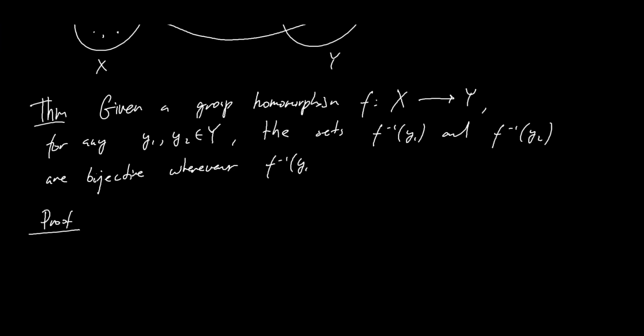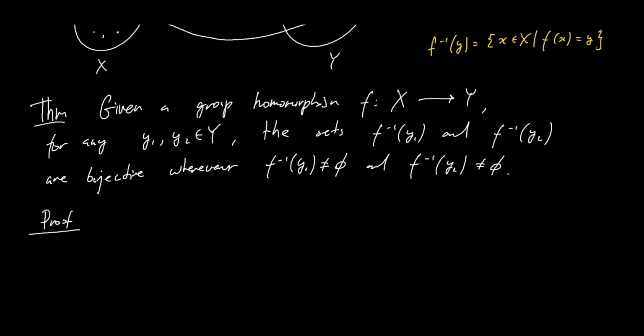So if there's something mapping to Y1 and Y2, then these two sets will be bijective. And let me explain the notation here. F inverse of Y just represents the set of those x's in X such that F of x equals Y.